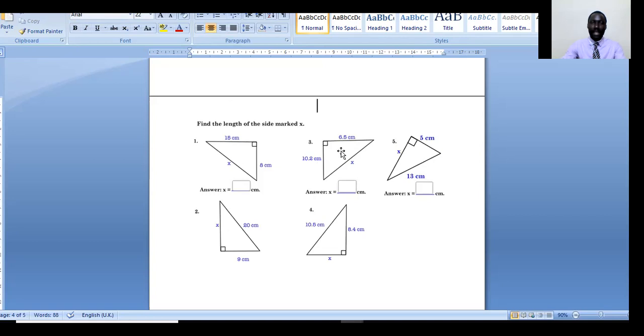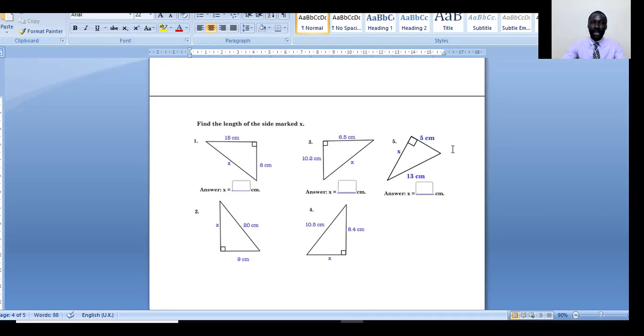And in the second right-angled triangle, X is also the longest length. But in the third triangle, you notice that this is not the longest length. It's probably B or A. Well, whether it's B or A, we can still find that value. So how do we get started?